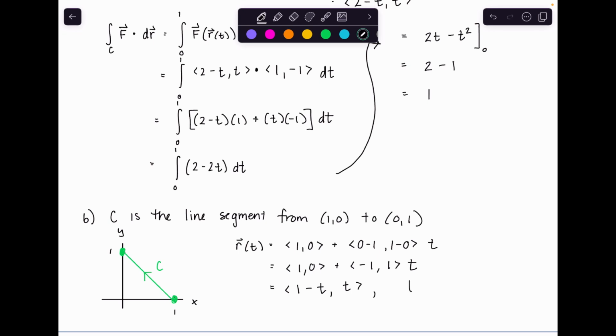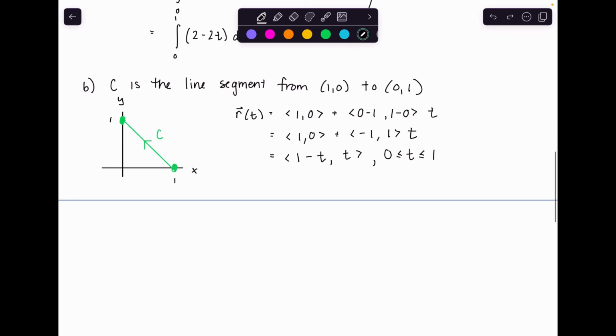And again, I'm able to use that t is between 0 and 1. Just to show you, if you plug in 0, that gives you 1, 0, which is exactly right here. And then when you plug in 1, that gives me 0, 1. So then I end at this point. So it traces it in the opposite direction.